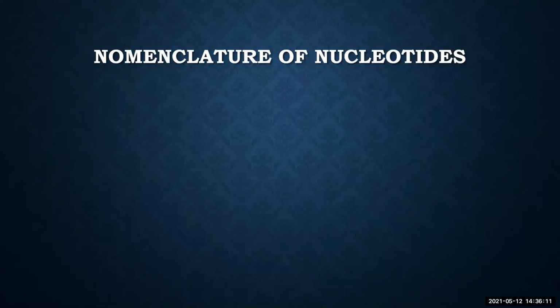So how to name nucleotides is very important. What is a nucleotide? It's a combination of a heterocyclic base, a carbohydrate molecule, pentose sugar, and a phosphate group. So naming the nucleotides is very important. It has some rules.